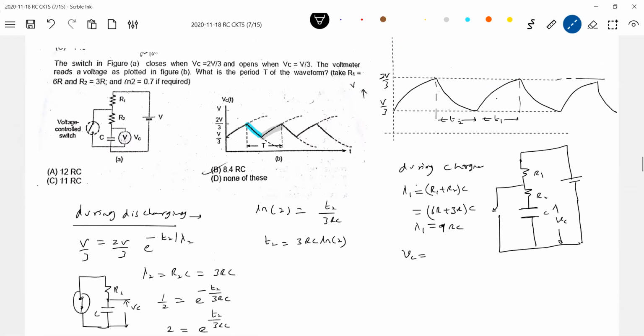If you permit it, it will charge up to V, but we are not permitting it. So this should be the V. Time taken for the voltage to become 2V/3. So V into (1 minus e to the power of minus T by 9RC). Solve this, you'll get T1.